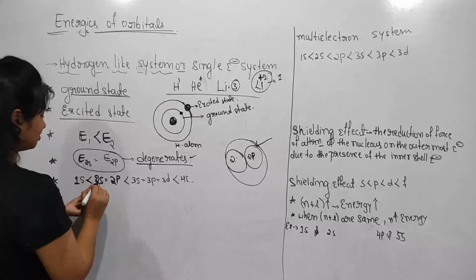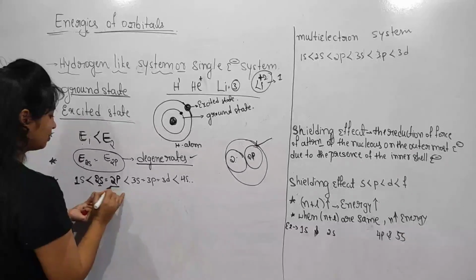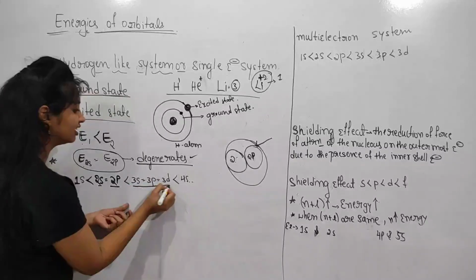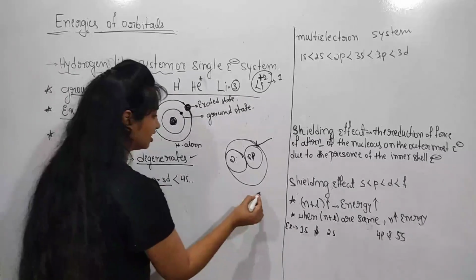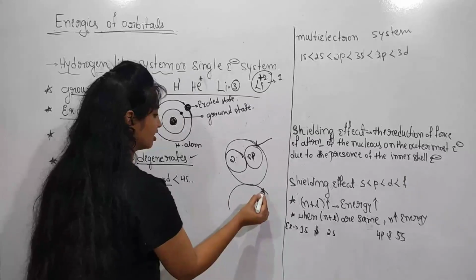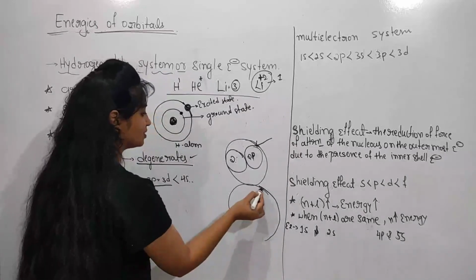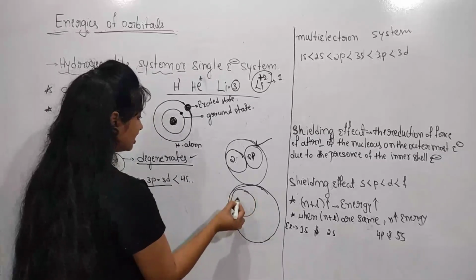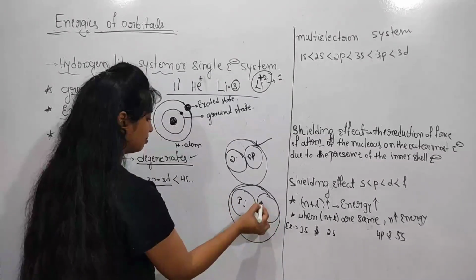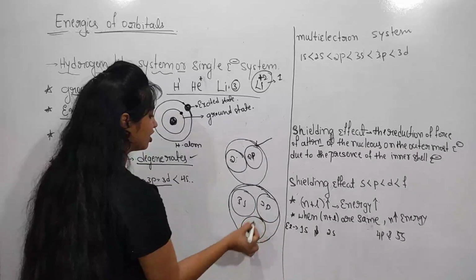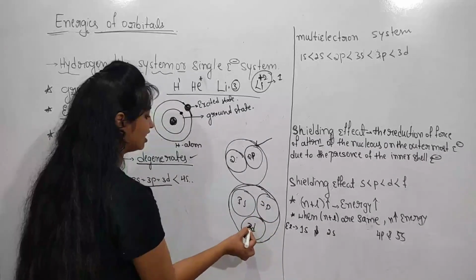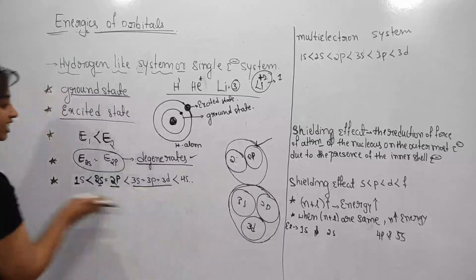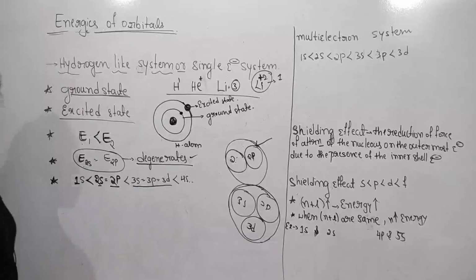The 2s and 2p orbitals have less energy than the 3s, 3p and 3d orbitals. In the single electron system we observe degeneracy: the 3s, 3p and 3d orbitals lie at the equal energy level of this subshell. So these are the arrangements in a single electron system.